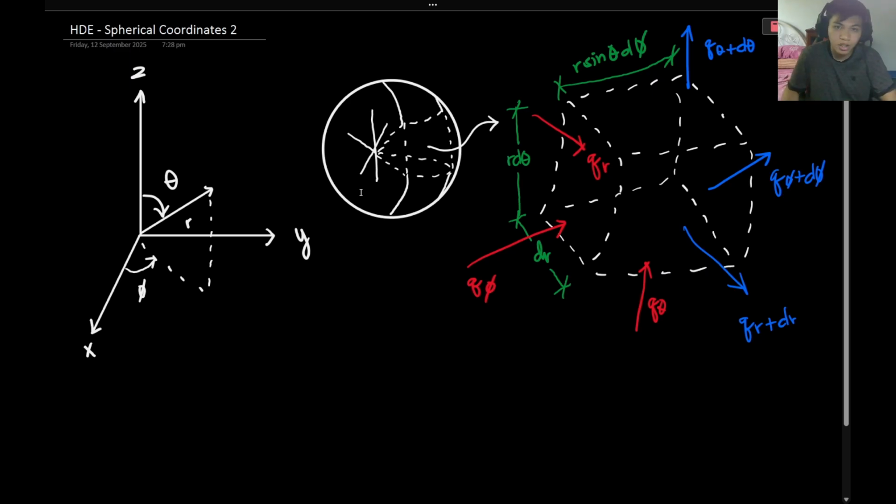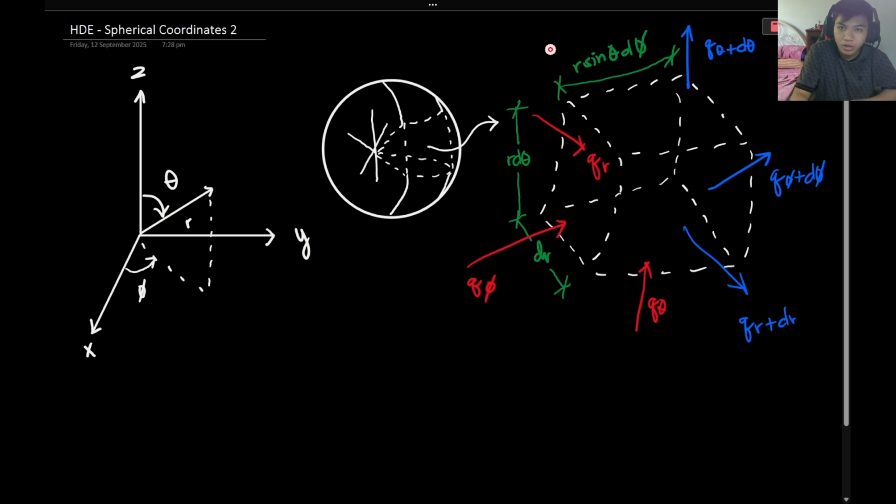We'll be looking at the spherical coordinates in terms of our directions. So we have r, phi, and theta. Looking at a sphere, let's take a segment, a differential control volume, from the sphere.